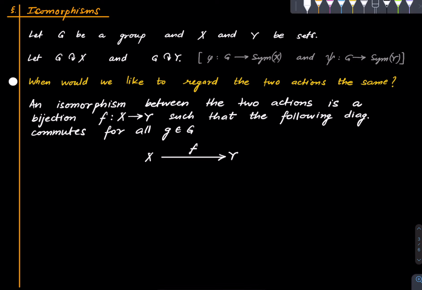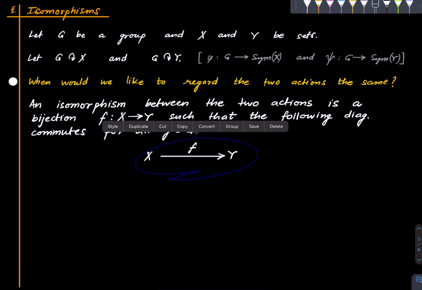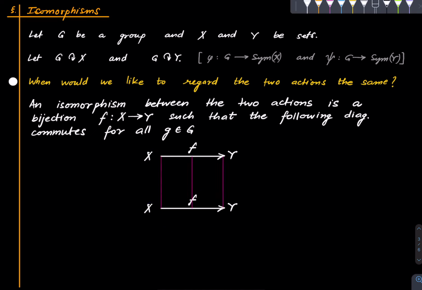We have this name changing map, and we have the same name changing map again. And here we have the permutation corresponding to g and the permutation corresponding to g.